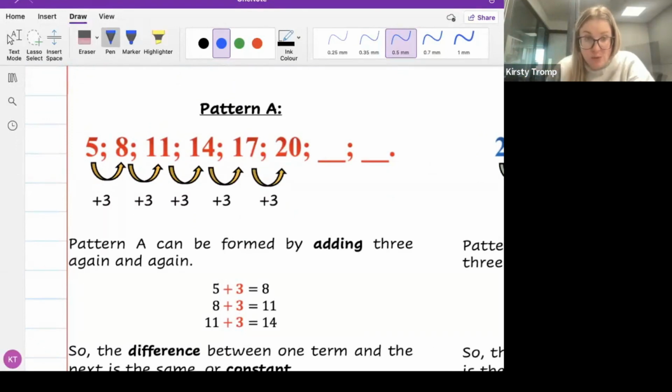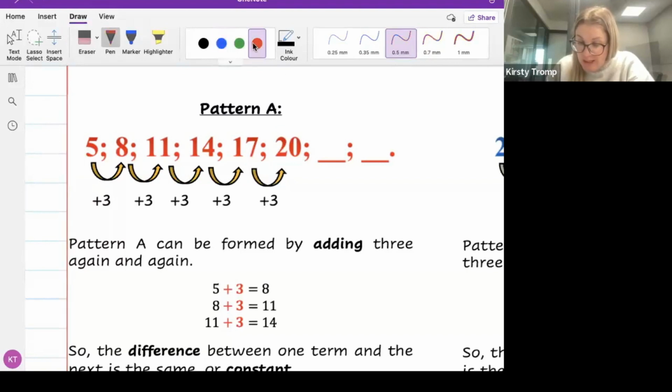Right, it's already telling us what did we do each time? We added 3 each time. So 5 plus 3 gave you 8, 8 plus 3 gives you 11, and 11 plus 3 gives you 14, 14 plus 3 gives me 17, 17 plus 3 gives me 20.